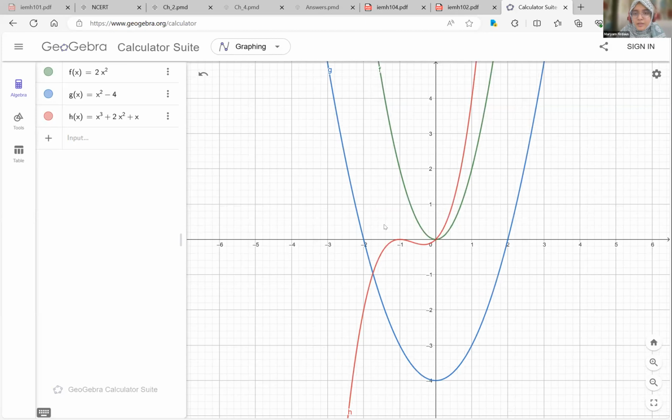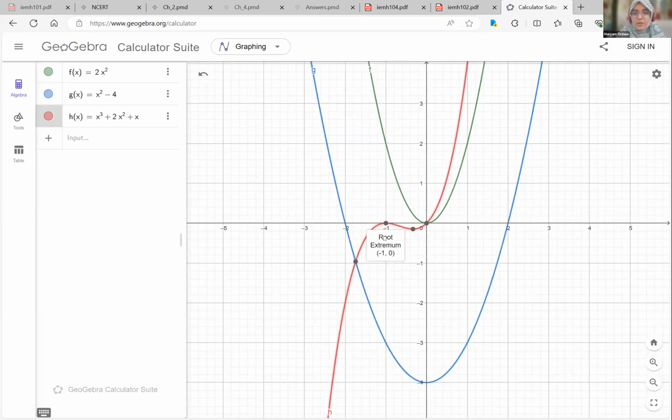Look, this one is a zero. It says root minus 1, comma 0. So for minus 1, the value of y is 0. And over here, the origin is also a root, 0 comma 0. The third root is also there, but we cannot see it because of something called complex numbers, which you'll study in 11th grade. So the roots that we can see are 2 over here.